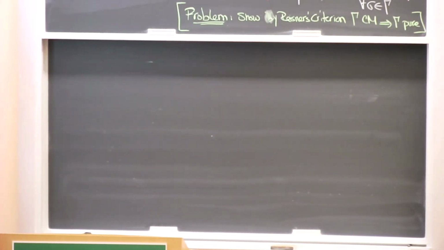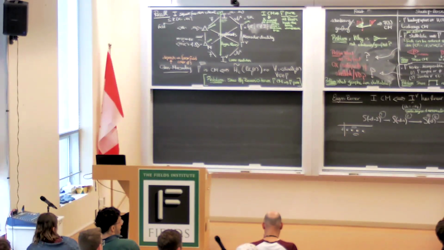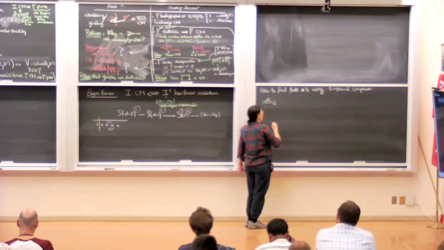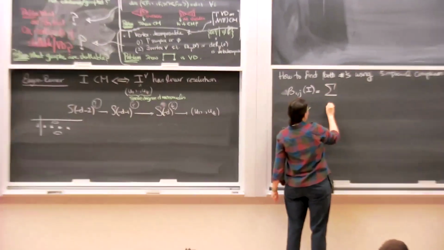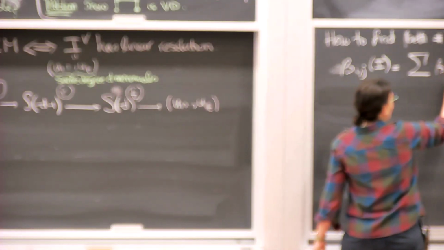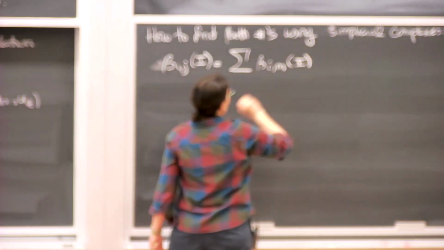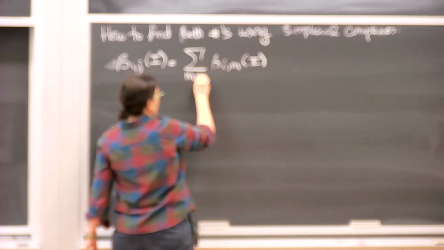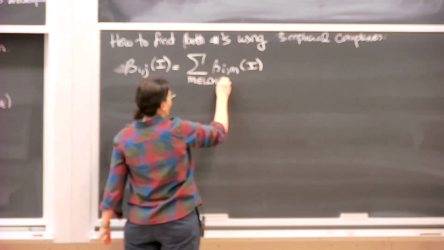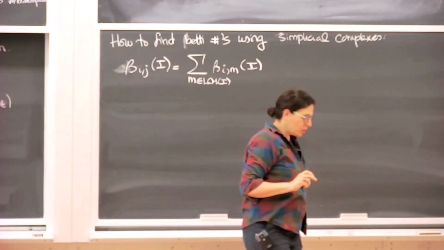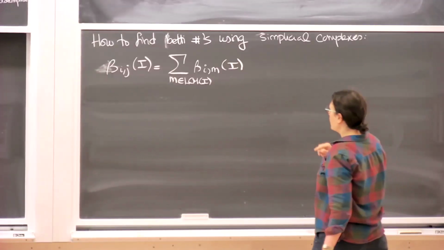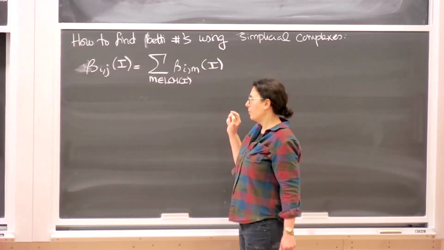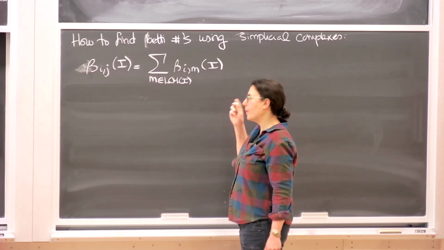So Betti numbers, so suppose you have your I, square-free monomial ideal, beta_{i,j}(I) can simply be enumerated as the sum of beta_{i,m}(I), where m belongs to the LCM lattice of I. Okay, so actually you can say where m is any monomial, but it turns out if m is not in the LCM lattice, you're going to always get 0.